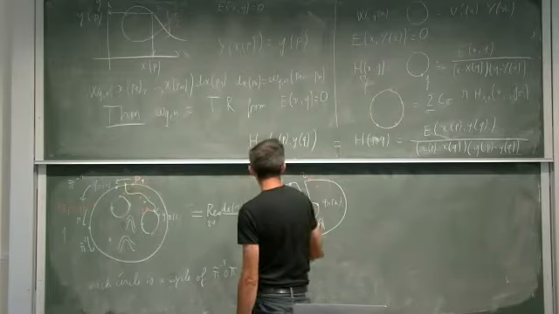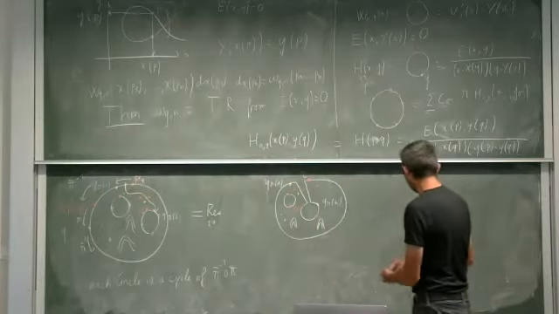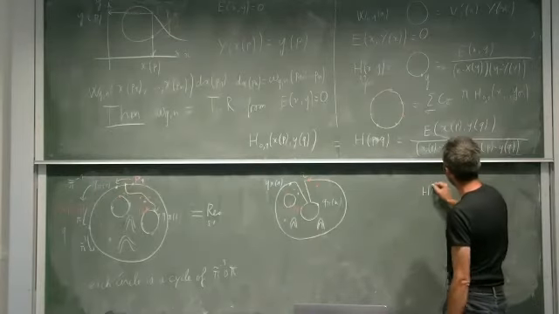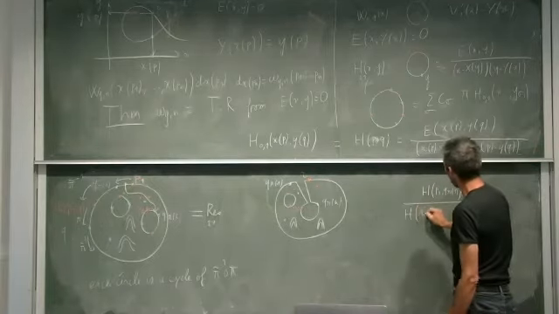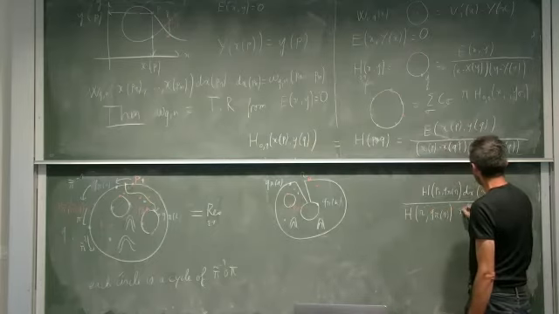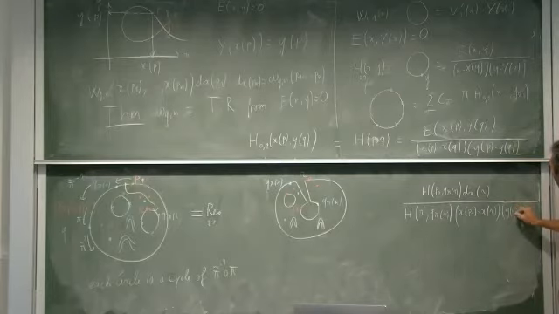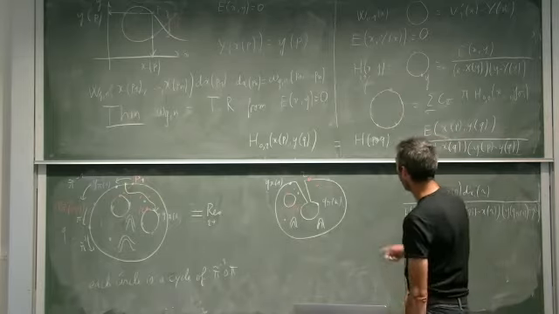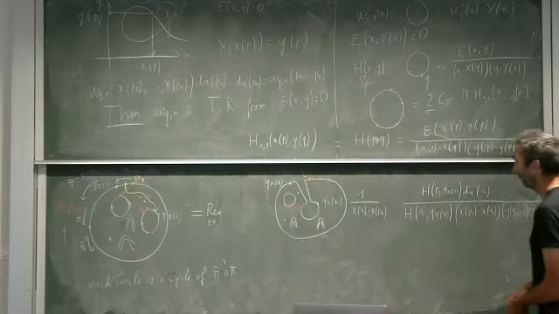This function will be, so I should have left more space, so let me put it on the right, times dx of R, and here I take the function h of P1 Q pi of 1 divided by h of R Q pi of 1, over x of P1 minus x of R, times y of P1 minus y of Q pi of 1 minus y of R. And here I also multiply by 1 over x of R minus x of pk, and I take the residue.